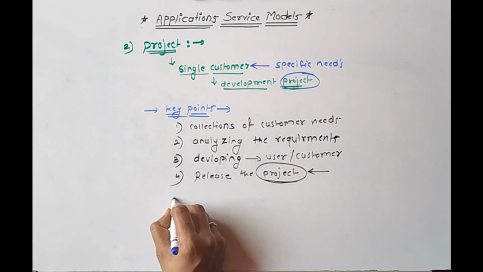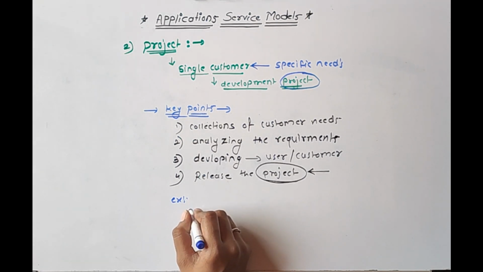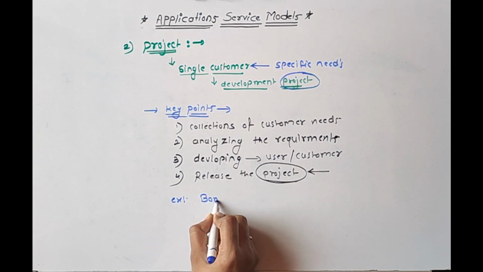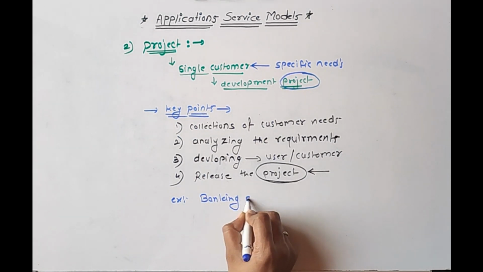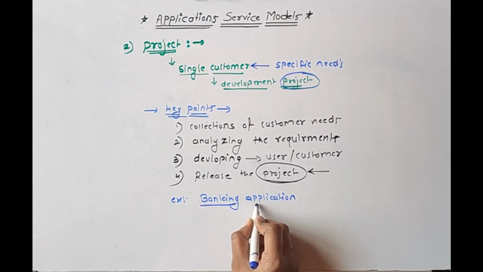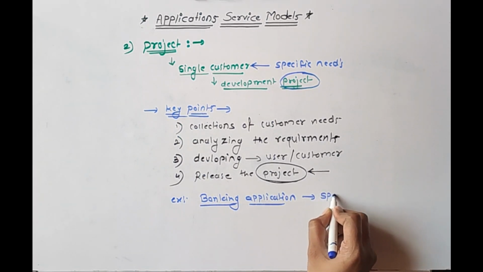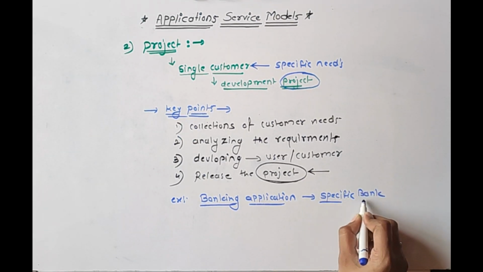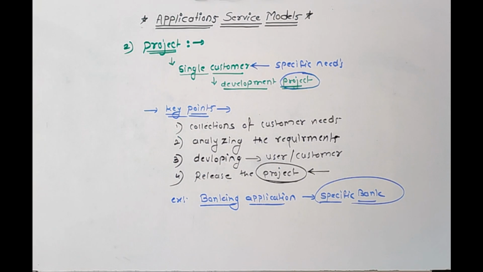Okay, then we take one example, that is developing a banking application for a specific bank. Right? Banking application for a specific bank means there are a lot of banks who want their own banking application.